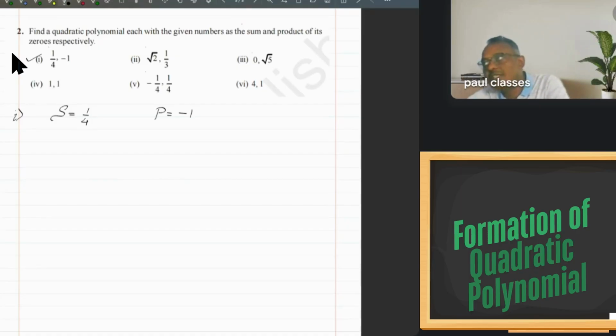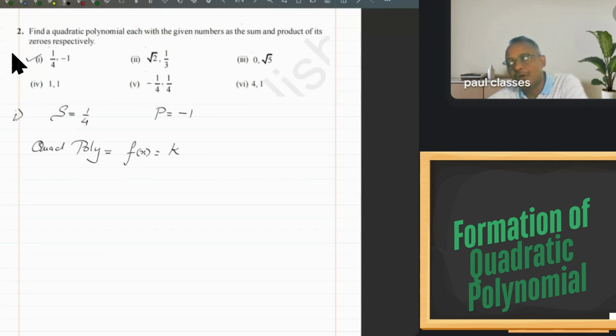If you are given sum of zeros and product of zeros, then in that case the quadratic polynomial is given by k times of x square minus sx plus p.